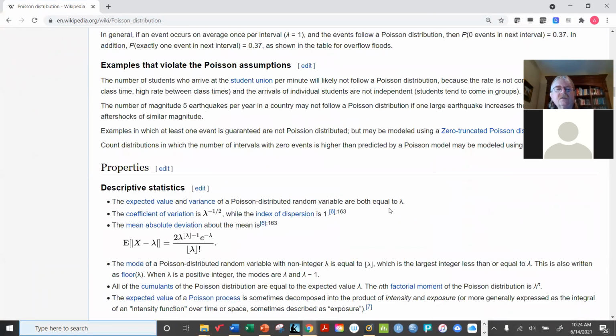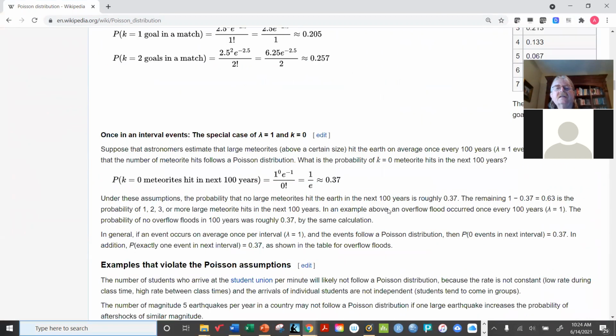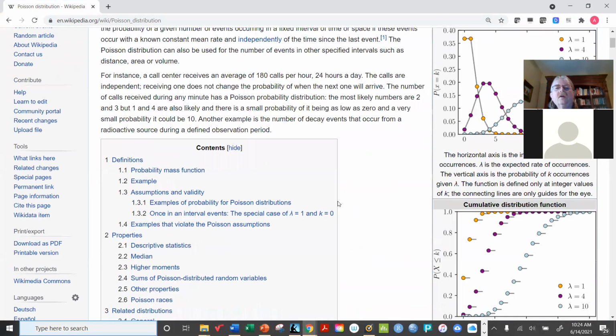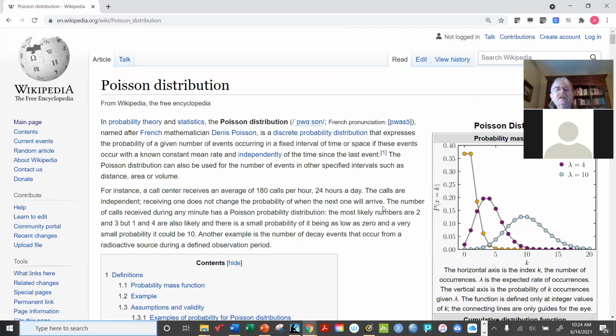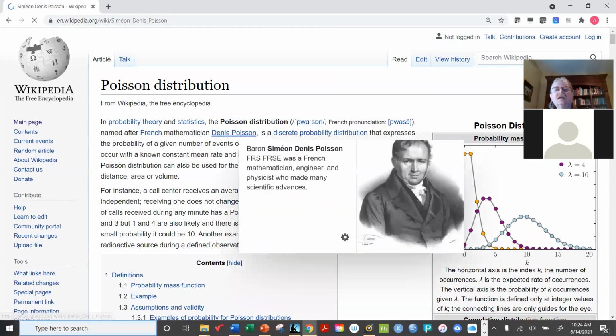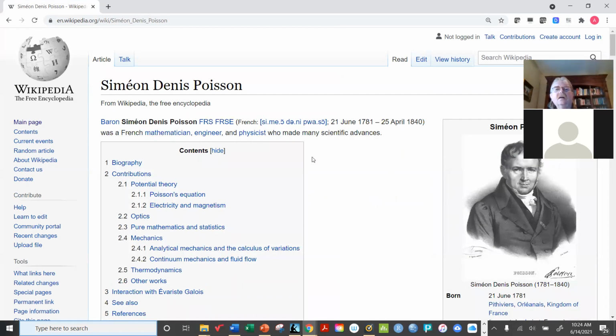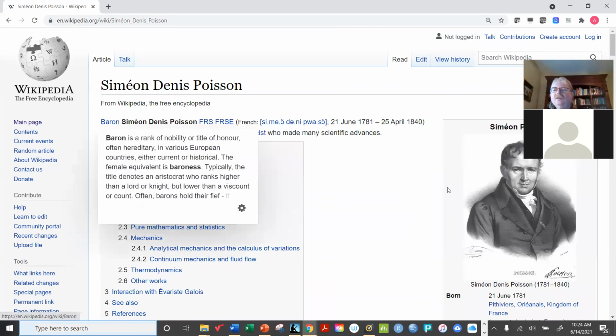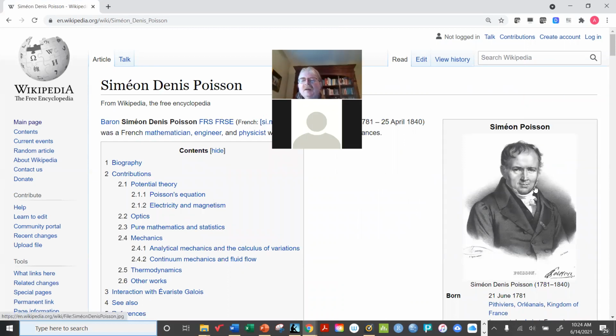It's a very useful distribution. And in fact, what we're going to use it for is to represent, oh, here he is, Denis Poisson. There he is. No, Simeon. Oh, Simeon Denis. Well, look at that. He was a baron. So we have a member of the French aristocracy here dabbling in probability theory.